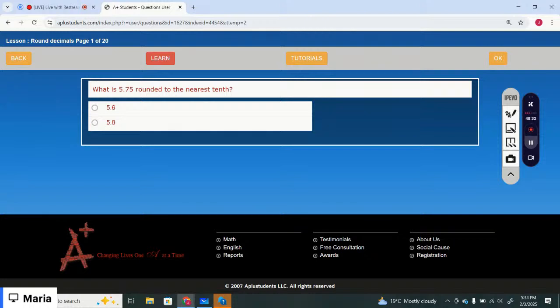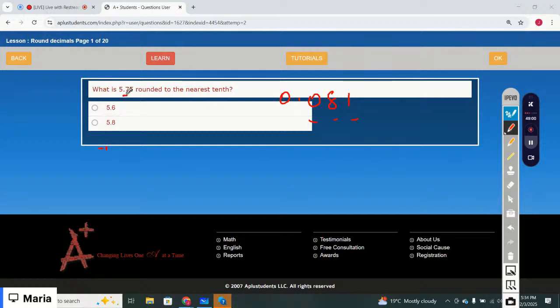What is 5.75 rounded to the nearest tenth?